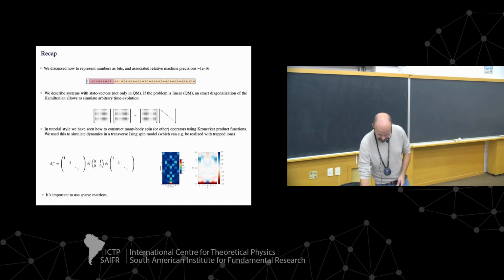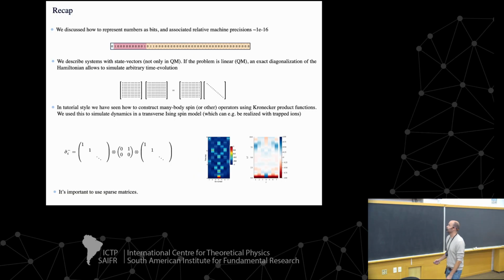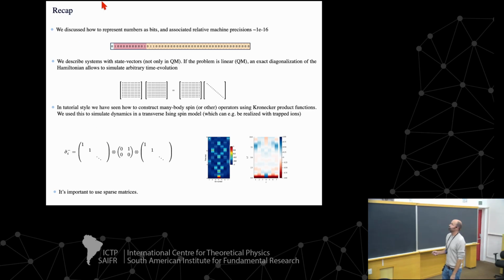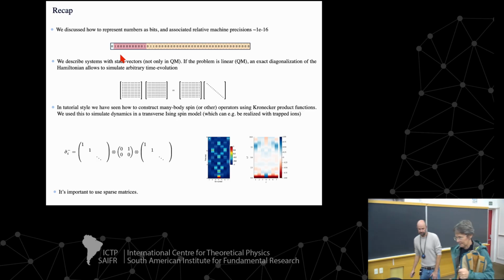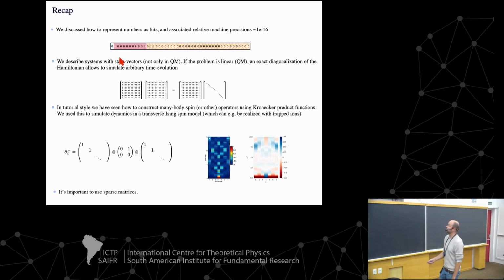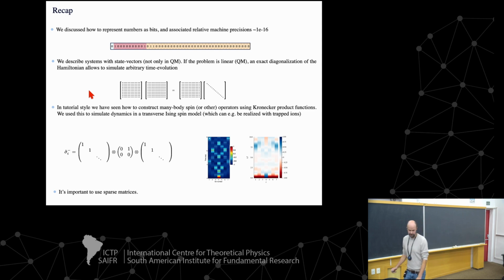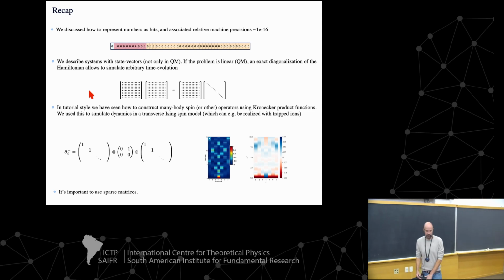So just to remind you, essentially what we did last time: first we discussed how to write down complex numbers in your computer memory. And then the second part was how one does exact diagonalization, so full diagonalization of your problem, which helps you then to solve all of the time evolution.